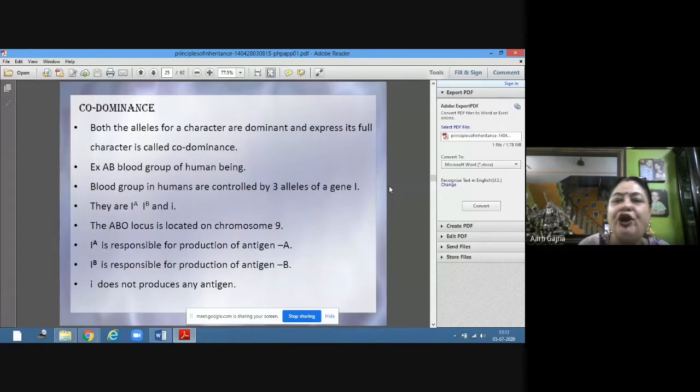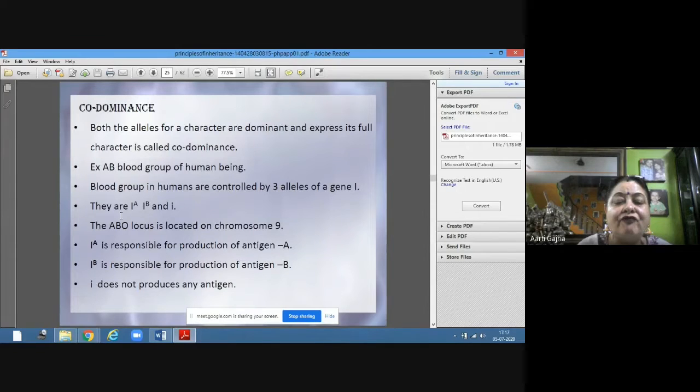Till now we have learned about two alleles only. Mendel showed 7 contrasting characters, all having two alleles. But here in blood groups, we have three alleles, and these three alleles are controlling our blood group. Now, what are these three alleles?